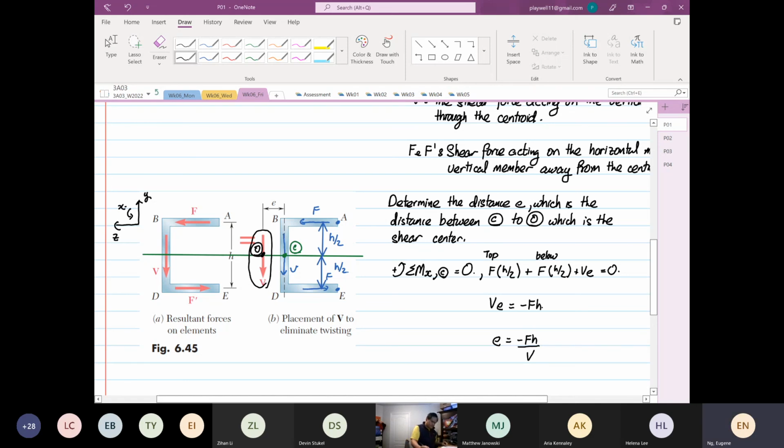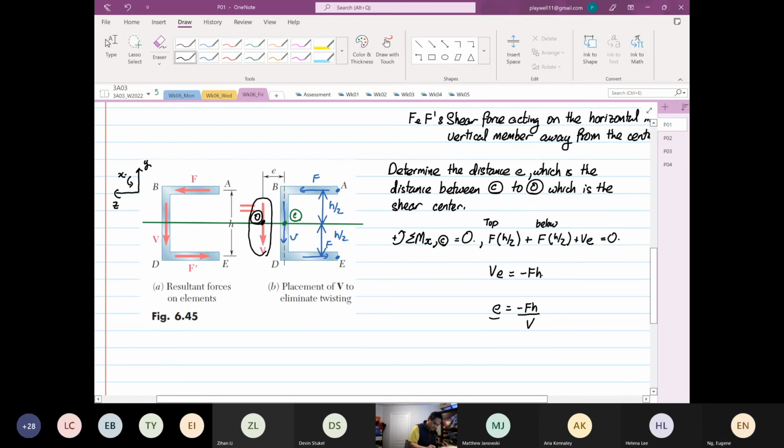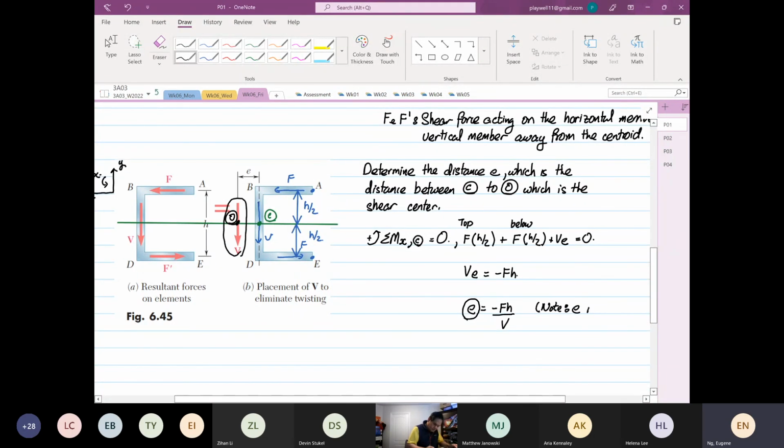Okay, and it's because if you look at E, for this case, E going toward the left-hand side is always negative. All right, so note E is going towards the left relative to point C. Therefore, it is negative.